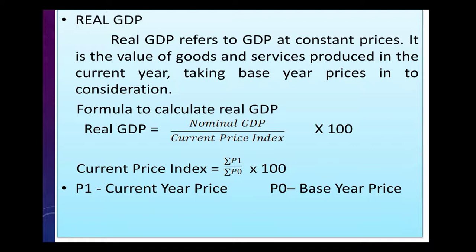When we multiply the price of the base year into quantity, it comes as real GDP. So real GDP we can also find with this formula: nominal GDP upon current price index into 100. So this formula you need to revise for the real GDP.